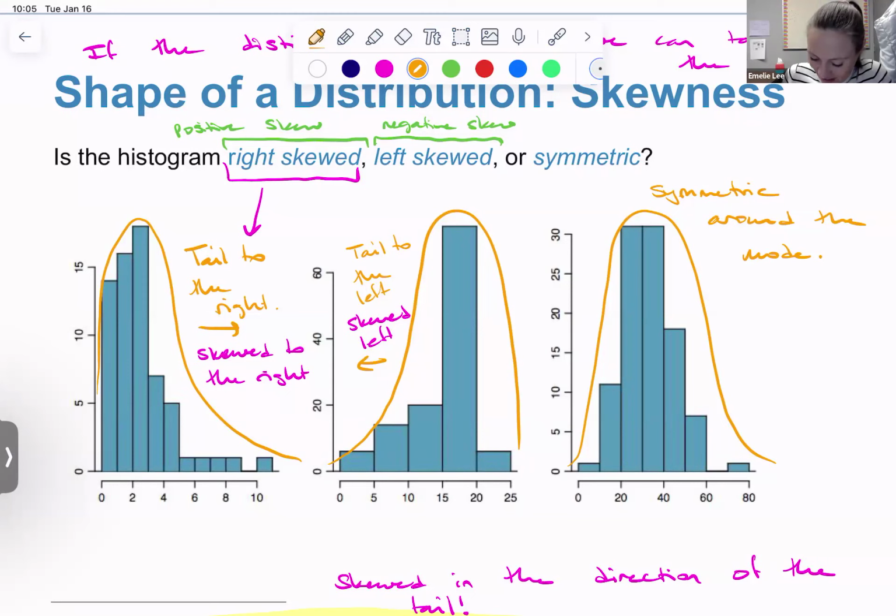So this shape is the only one that we're going to focus on and is the only one that we're really going to be able to analyze in this course. Okay, and so this shape, we give it a name. Just like you recognize a circle, a triangle, a square, all kinds of shapes, we're going to call this shape, symmetric around the mode, the normal distribution.